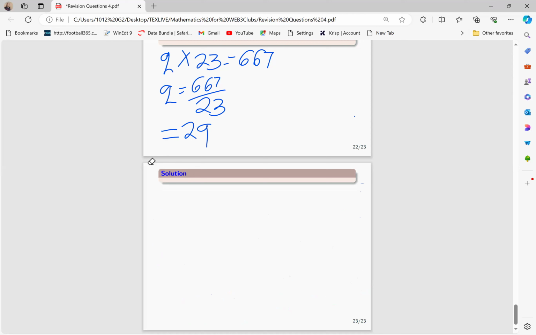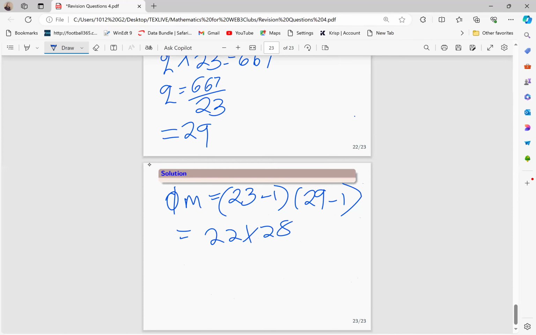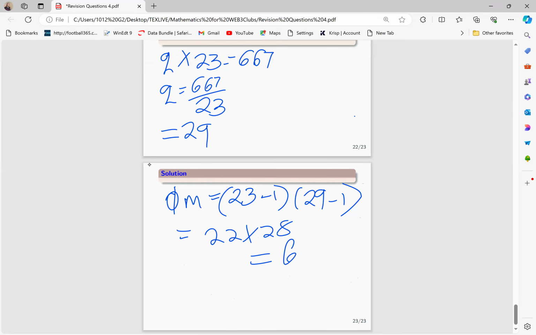Trying to decrypt from here, she gets phi of M, then finds D. 23 minus 1, 29 minus 1, which is 22 times 28, which gives us 616.